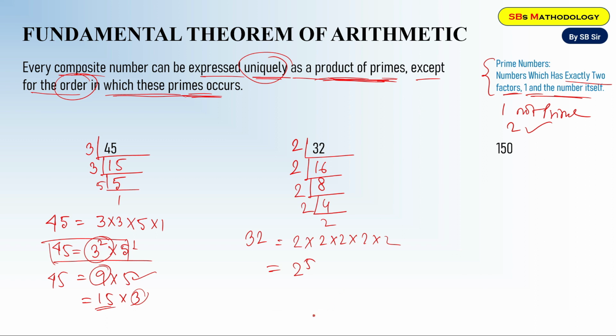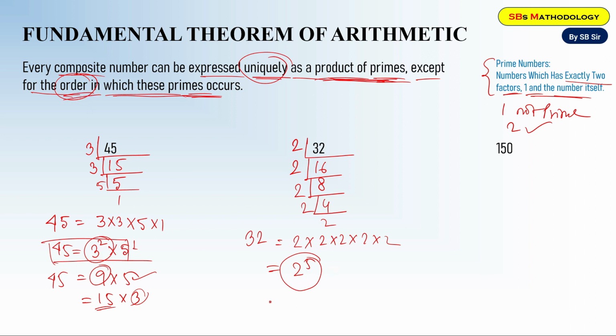This is the unique representation of 32. You cannot write 32 in a different way where the numbers will be prime. Now 2 to the power 5 is not itself prime, but the exception says that 2 is prime, and a prime can occur multiple times. This is why it is said: except for the order of the primes.